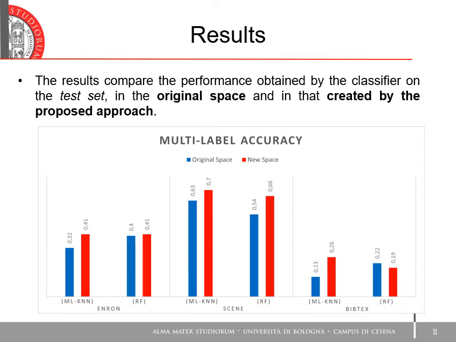The chart in the slide allows us to compare the results in terms of accuracy obtained by the two classifiers, in the original space, the blue line, and in the one built following our approach, the red line. MLKNN achieves better results in the new space across all 3 datasets. Considering the BibTeX dataset, for example, the improvement is more than 10 points.